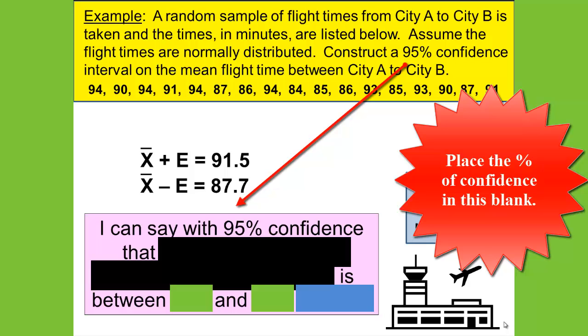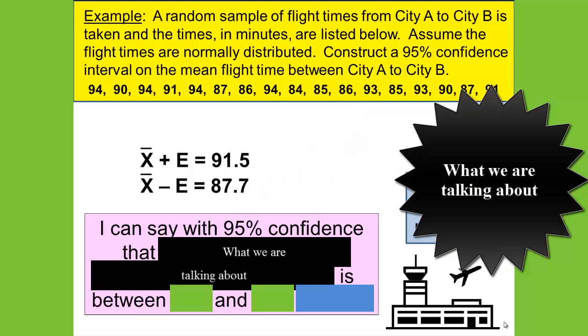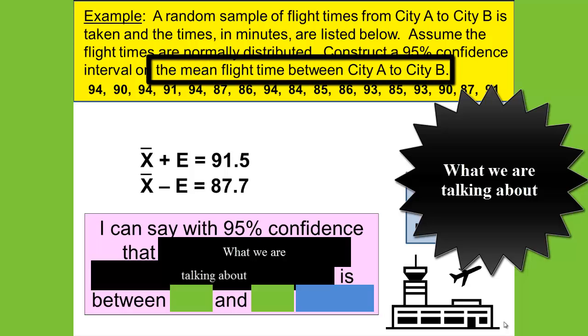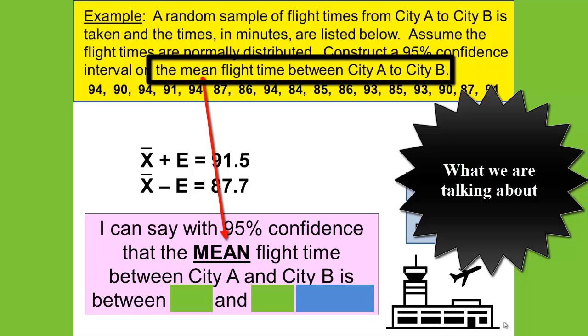The next blank, or the black blank, is about your topic. What are we talking about? Are we talking about the height of pygmies? Are we talking about the weight of the pigs? Are we talking about the proportion of girls with pigtails? No, we're talking about the mean flight time between city A and city B. We're talking about the mean.